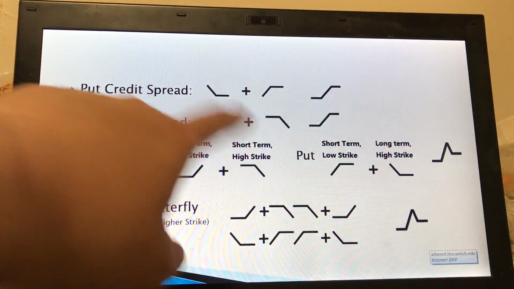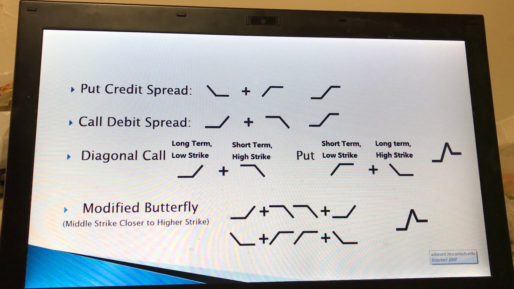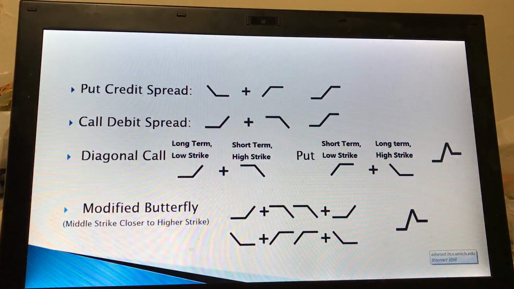They are different in the strike price and different in the expiration term. And the diagonal put consists of a short-term lower strike short put and a long-term high strike long put.